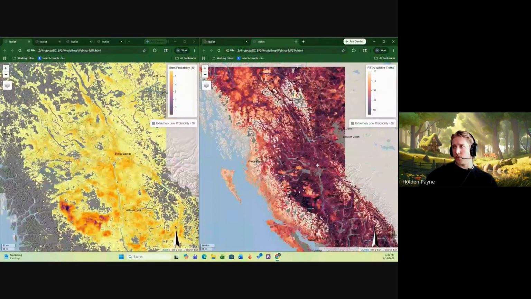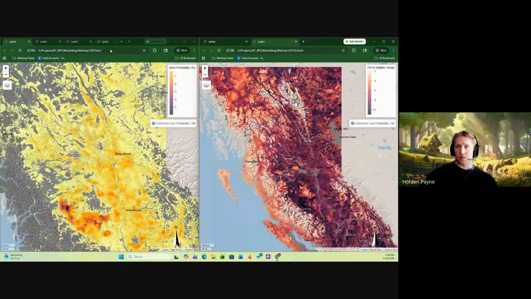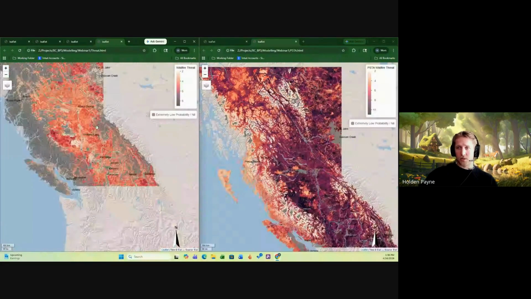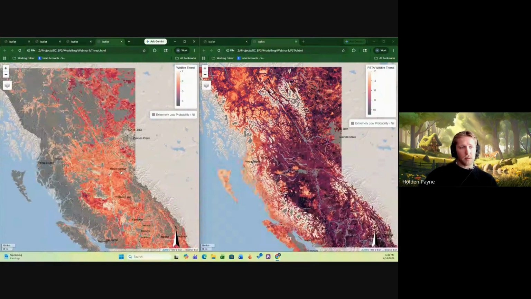If we move over to the PSTA wildfire threat here, scaled from 0 to 10, and including their nil and low probability, and we compare it to ours, we do see a little bit of similarity, which is what we found interesting: parts of the province that PSTA finds to be pretty hot, like the Chilcotin Lake area, also show up in our data set, but there's just more variability in what we found.